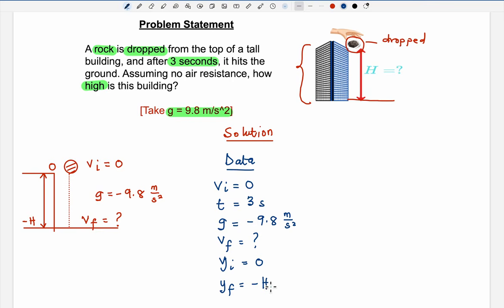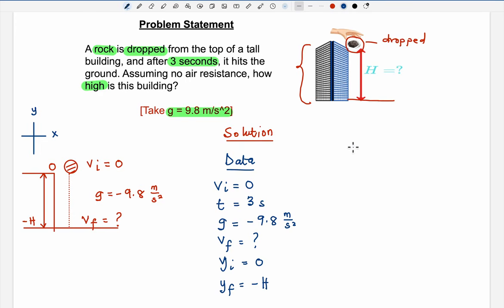In this case, position is a vector or displacement. So it displaced from 0 downwards per our Cartesian coordinate system. So if this is our x-axis, this is our y-axis. If you go up, it's positive. Go down, it's negative. Go right, it's positive. Go left, it's negative. So now let's solve the problem.